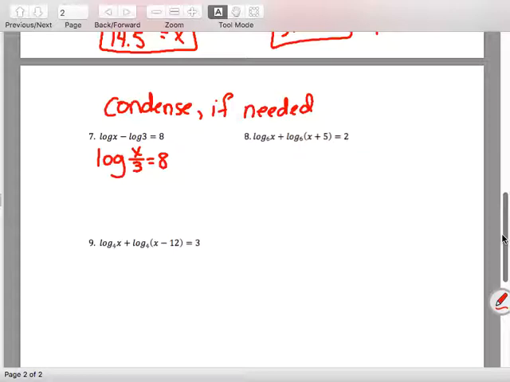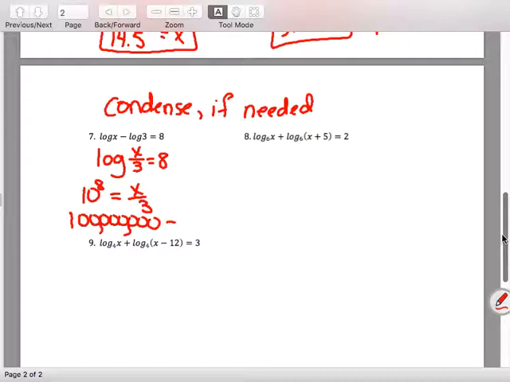All right, now I have a log equals a number. So I'm going to go from logarithmic form to exponential. This is going to be a gigantic number. This is going to be 10 to the 8th equals x over 3. You remember from about 5th grade, 10 to the 8th is a 1 with 8 zeros: 1, 2, 3, 4, 5, 6, 7, 8. And every 3 gets a comma.